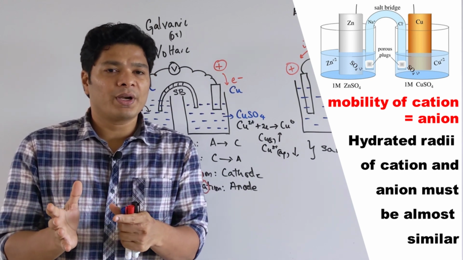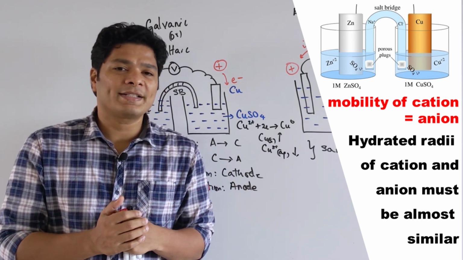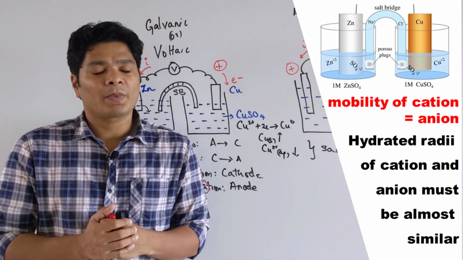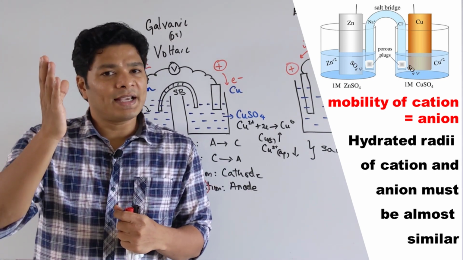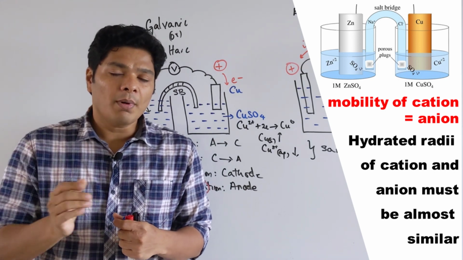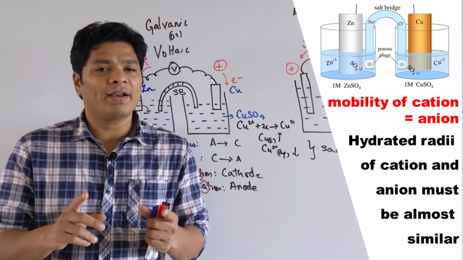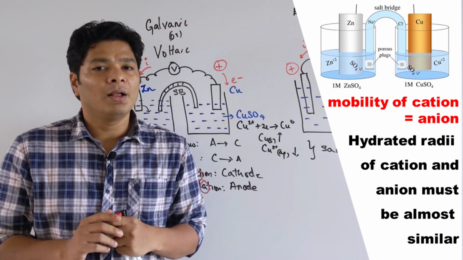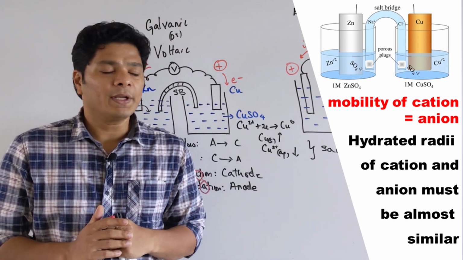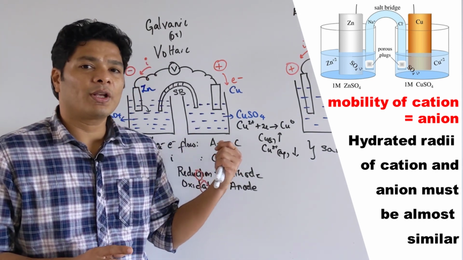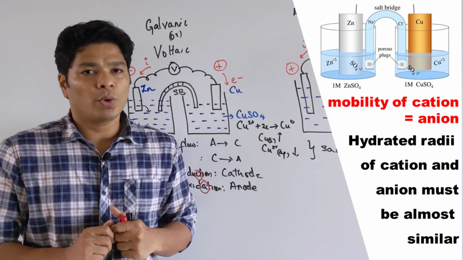Ionic size could be different, hydrated size could be different. For example, if you take your first group elements, the size increases as you go from top to bottom, but my hydrated radii decreases when you go from top to bottom. So hydrated radii is a different concept. We have already explained that in periodicity. Now your hydrated radii of anion and hydrated radii of cation has to be equal. That's something you want to know.